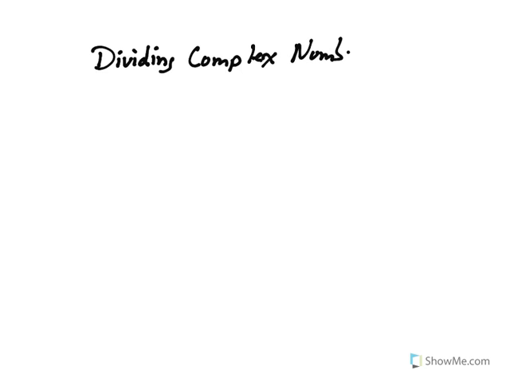All right, let's go to the next slide. And here we're going to talk about dividing complex numbers. And we talked about conjugates in the previous video, so we'll mention them briefly.